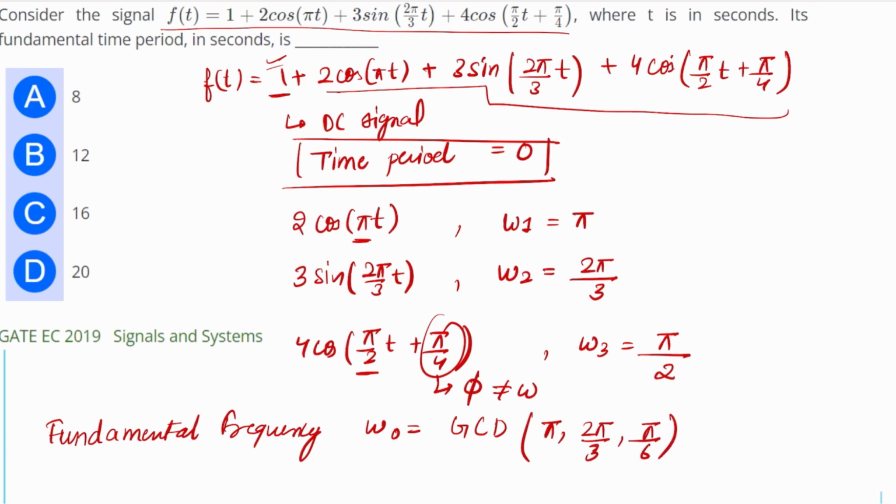Basically what we have to find out is the HCF, highest common factor, or you can say greatest common divisor. So the greatest common divisor among all these three will be pi by 6 only.